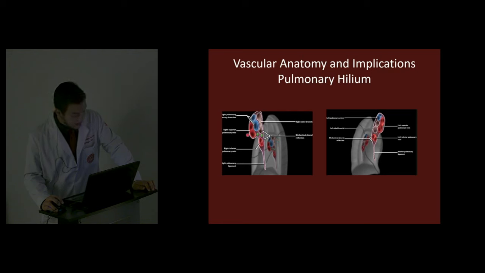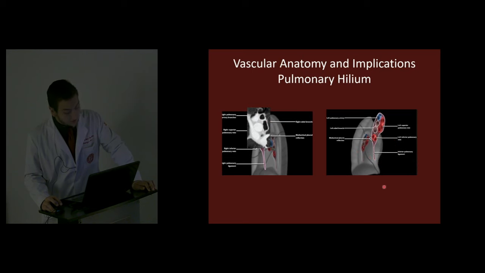As for the right hilum, the right superior pulmonary vein is on the front part, the pulmonary artery is between the veins and the right-sided bronchus, and the right inferior pulmonary vein goes in the lower part. Here in this sagittal reconstruction CT, in this close-up, we can understand it this way.